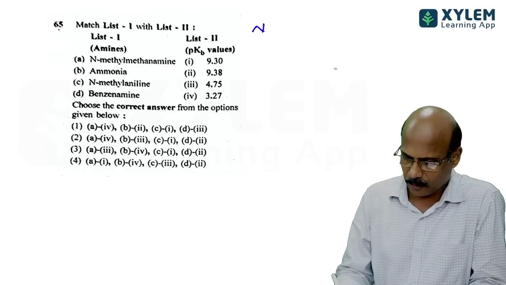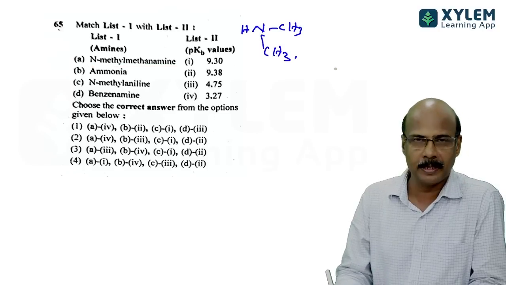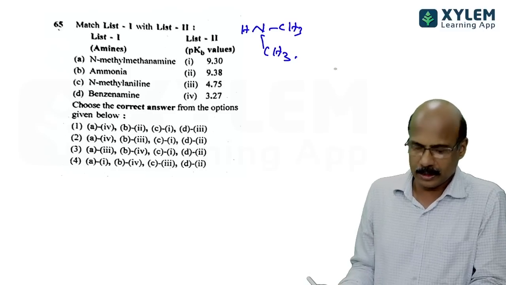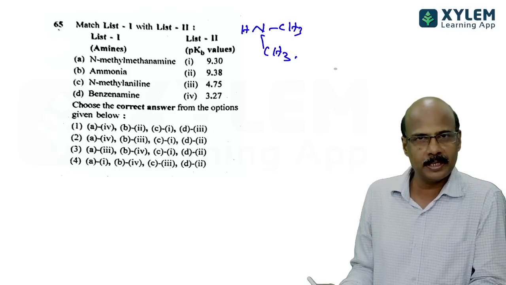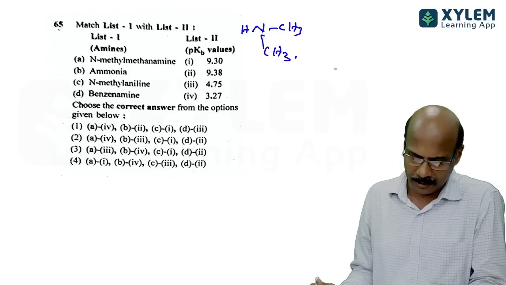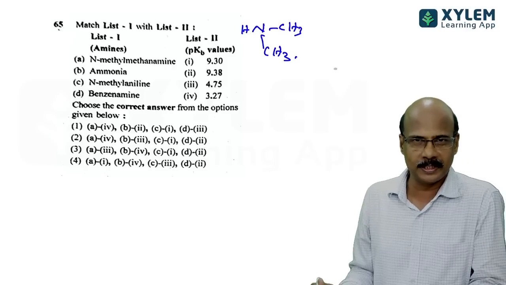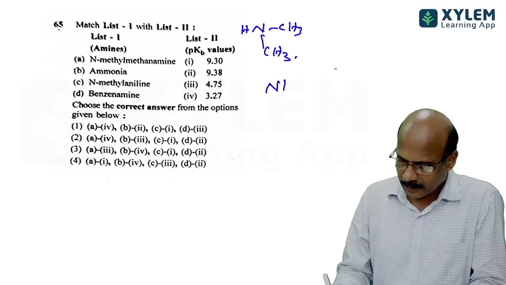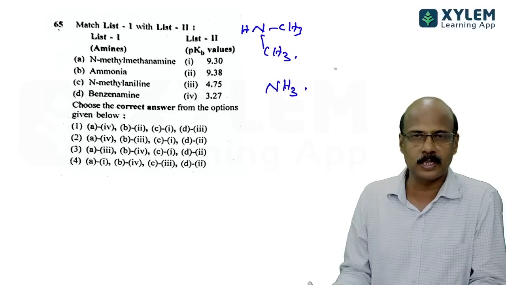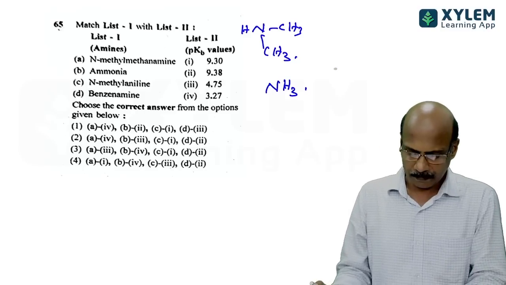No doubt it is a secondary amine. Isn't it? It's a very strong base. Secondary amine is more basic than even primary amine. All aliphatic amines are more basic than ammonia. So in that sense, the first one possesses the highest basic property.